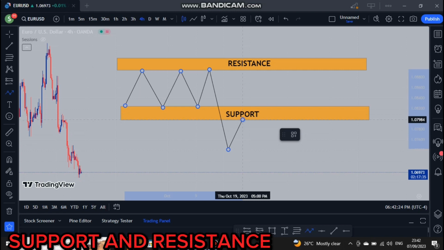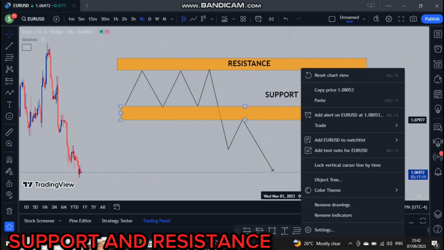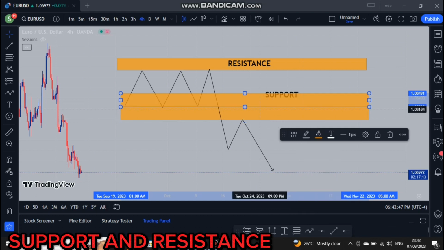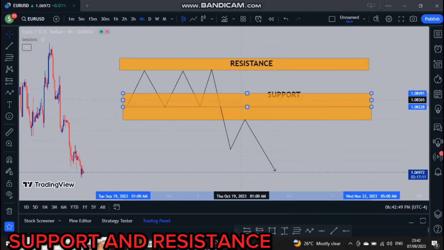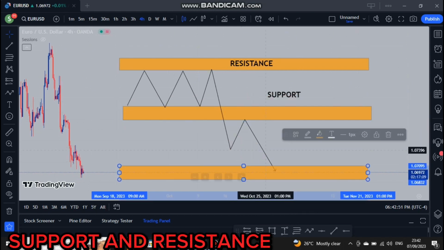Once the market breaks below this support, this support is no longer going to be support again. It's going to change from support to resistance at this point. Then the next one down is going to be our support.